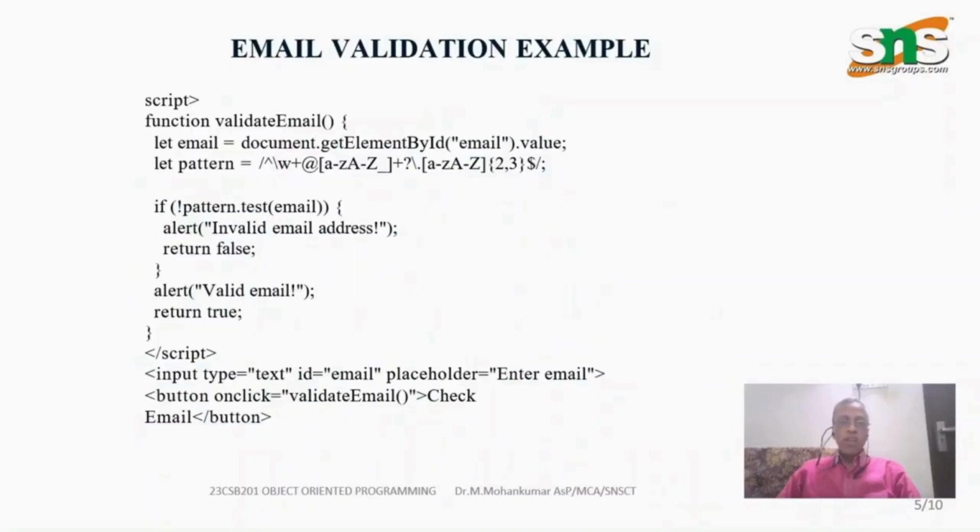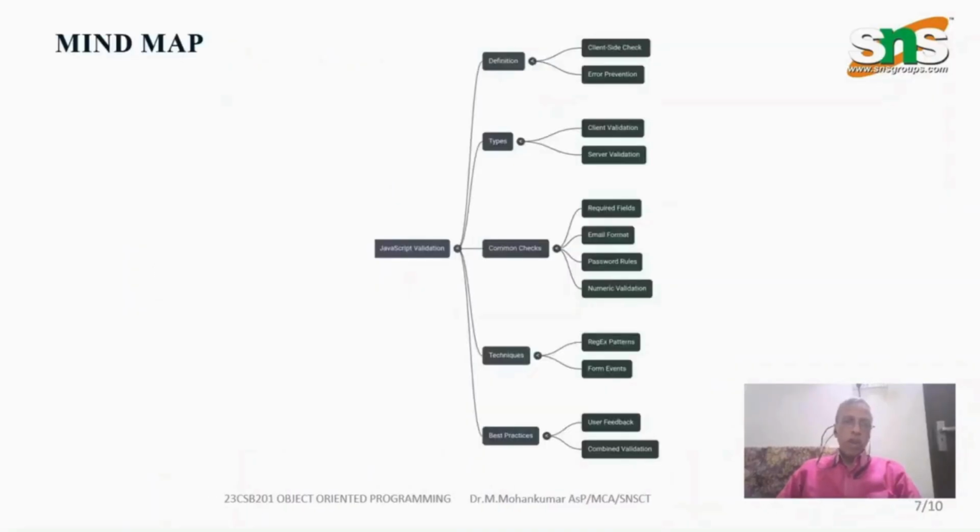Then the email validation example is a simple program. Now the mind map. The definition: a client check and error prevention method. We have two types of validation: client-side and server-side. Common checks: required fields, and the email format with the at symbol.